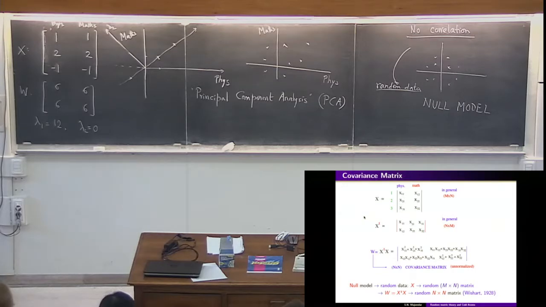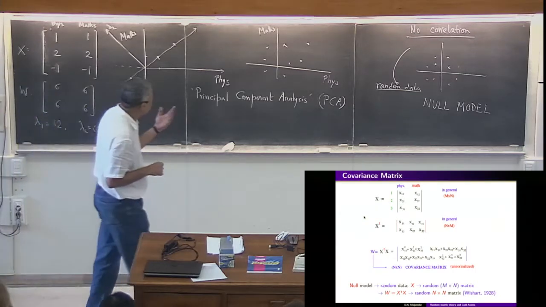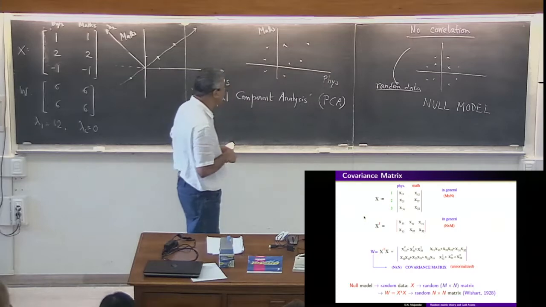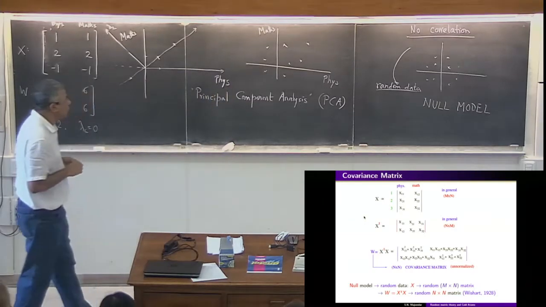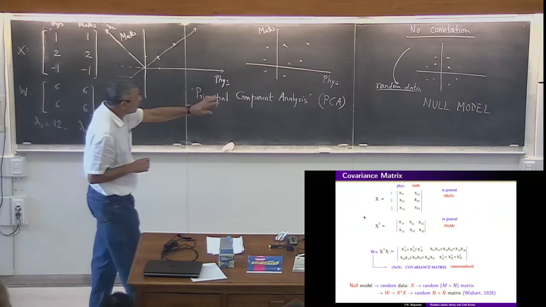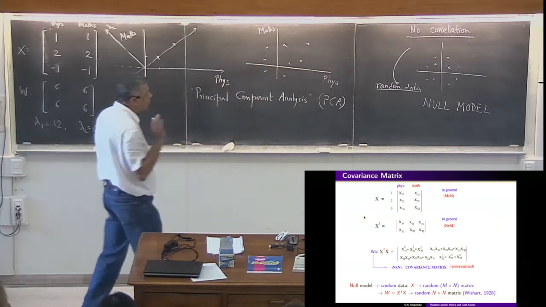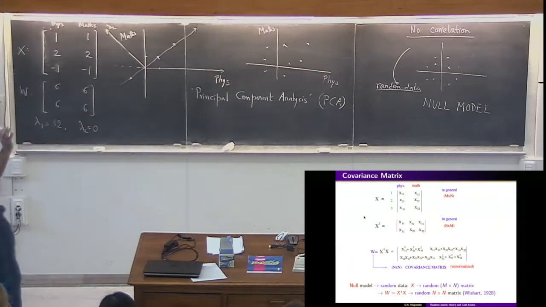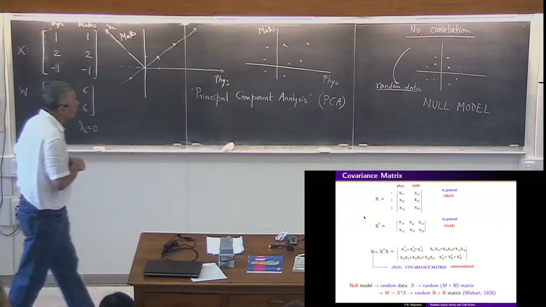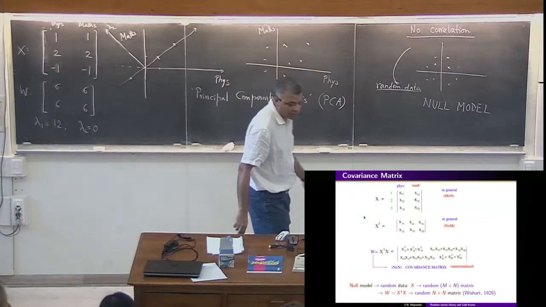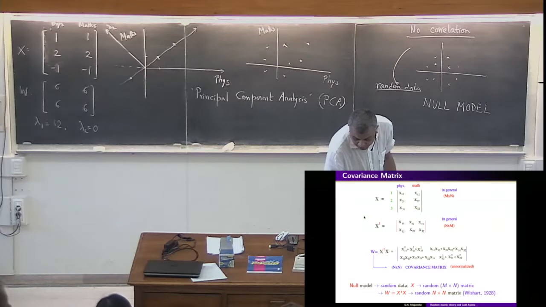So random matrix theory is still very relevant today, even in statistical data analysis for principal component analysis. People use random matrix models, for example, to decide how many eigenvalues to keep and how many to throw away. Okay, so this is the beginning of random matrix theory, 90 years back.